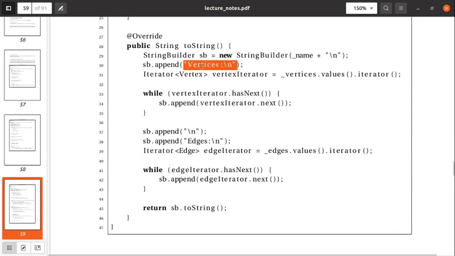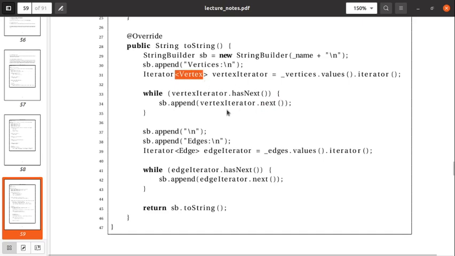So we say, okay, well, these are going to be the vertices, and we have our newline character. And then this is how you iterate a collection in Java. So we get our iterator instance. And we say, while it has next, while there's one more, then append vertex iterator.next. So whatever that instance is, whatever next was, whatever vertex that was, right? So next is going to be of the type that you pass in here.